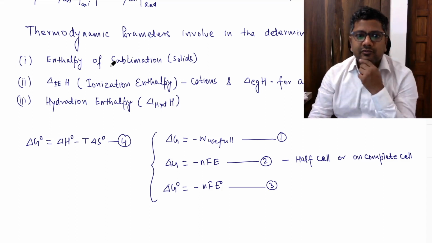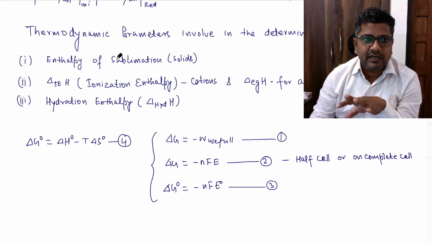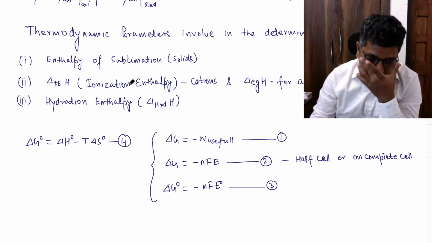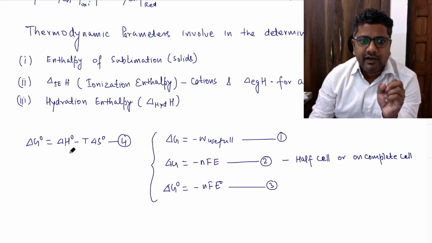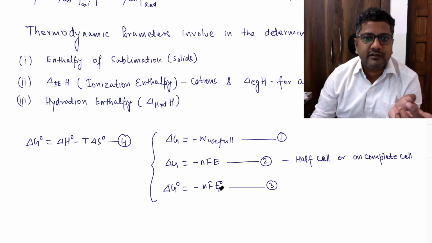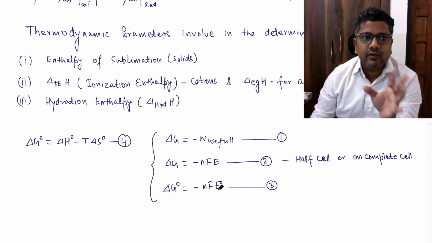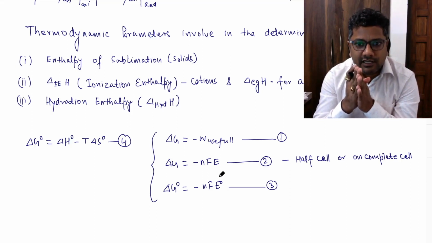So what you have to do, see, this is delta H, this is delta H, this is delta H. So you have to make a Hess law cycle and calculate the total delta H, whatever the plus or minus value. With the experimentally determined delta S at given temperature, you can find out the delta G naught, put the value here and get the electrode potential. So this is the way to calculate E naught for any electrode potential, right?